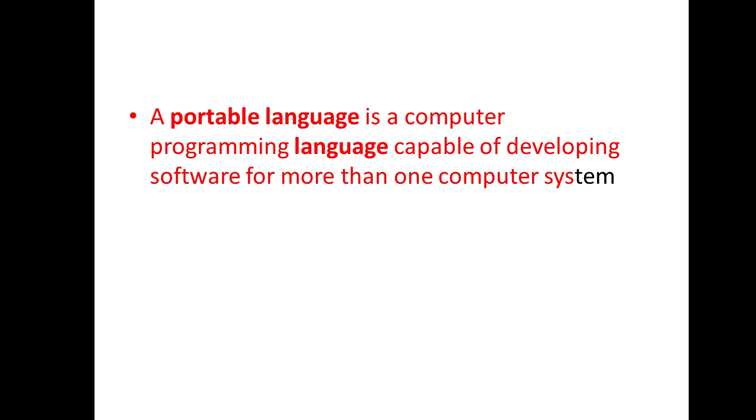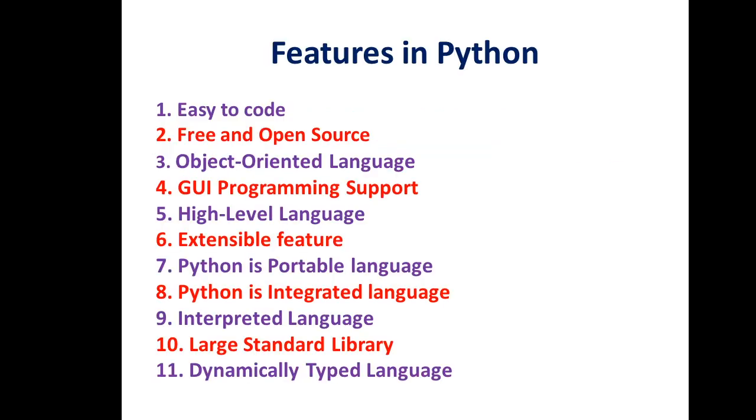Actually, this is a difficulty with programming languages like C, where we create code in one operating system, and it may not be able to run on other platforms. Python is one of the most portable languages available in the industry.